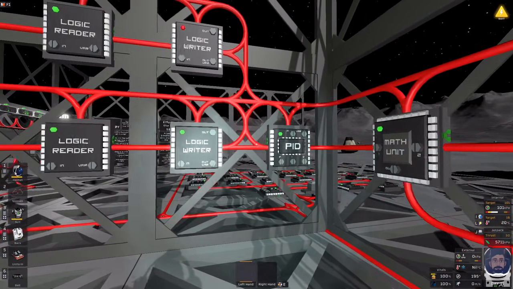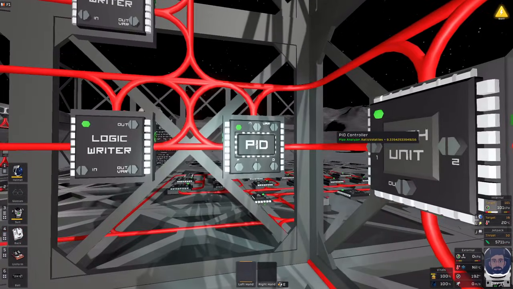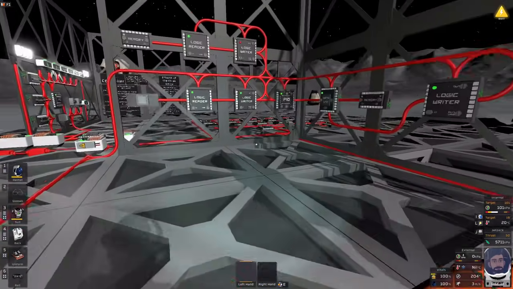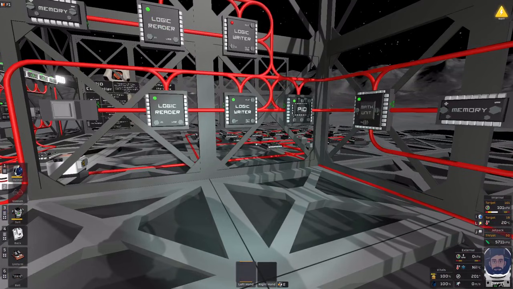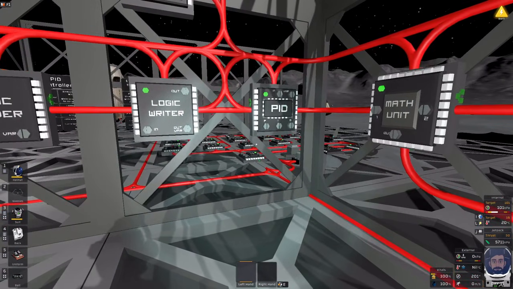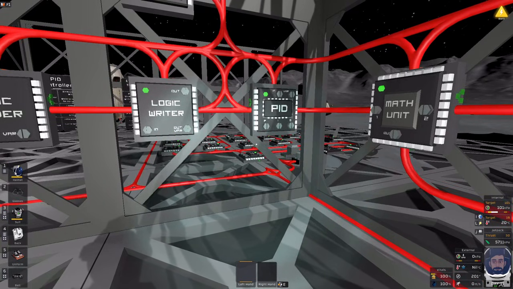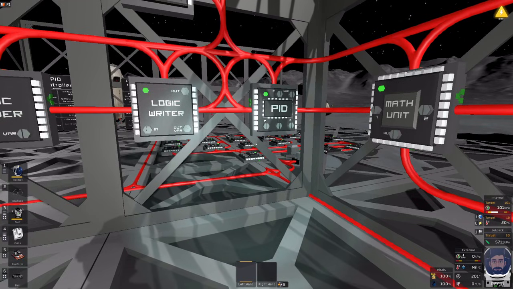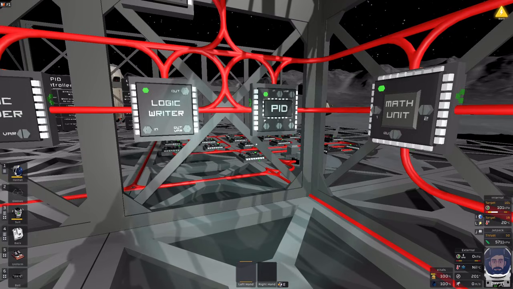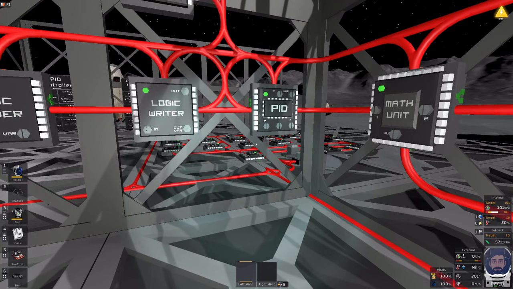It's going to see that error, and it's going to try to give you a number to help correct it. But if you didn't do it right, you might actually be making the error worse. Like if you set the setting 0 to 10, the PID should only give you a 0 when the setting matches perfectly. If there's too little volatiles, it might tell your volume pump needs to be pumping 5 liters. Well, what if you overshoot? Now you have too much volatiles. It needs to try to correct that error by giving you the opposite function.